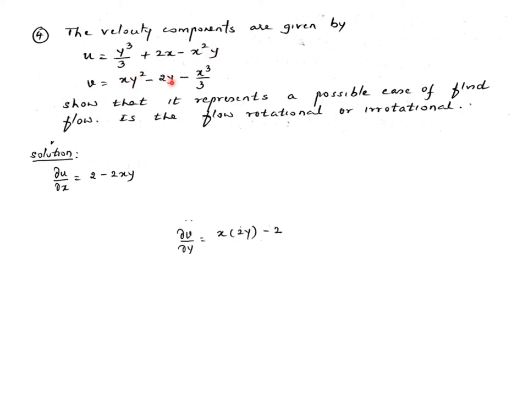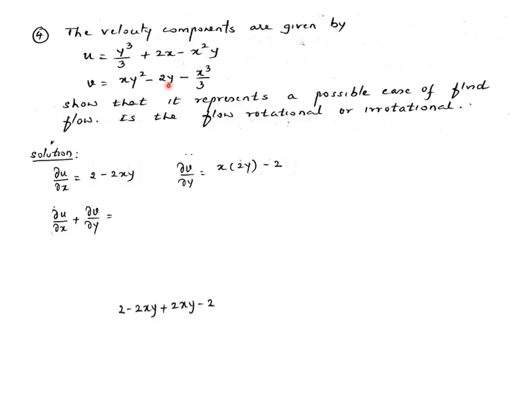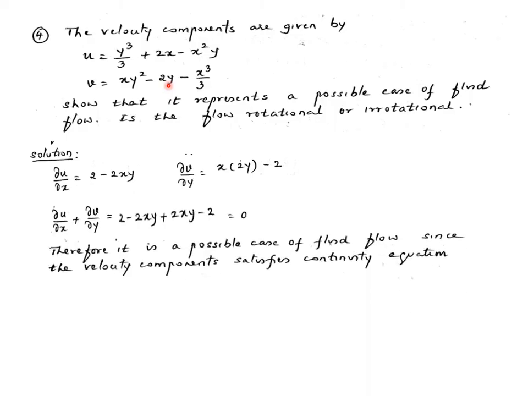So we get dou v by dou y as x into 2y minus 2. Therefore dou u by dou x plus dou v by dou y is 2 minus 2xy plus 2xy minus 2, which cancels out and is 0. Since the continuity equation is satisfied, it is a possible case of fluid flow.